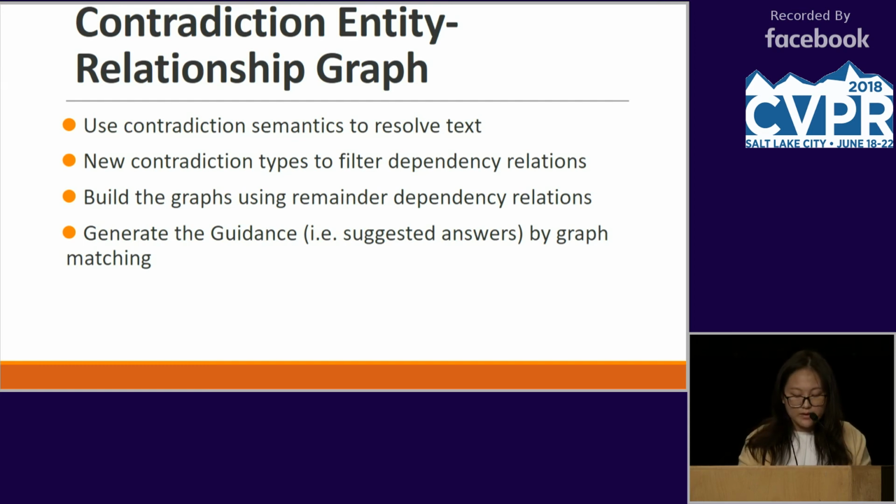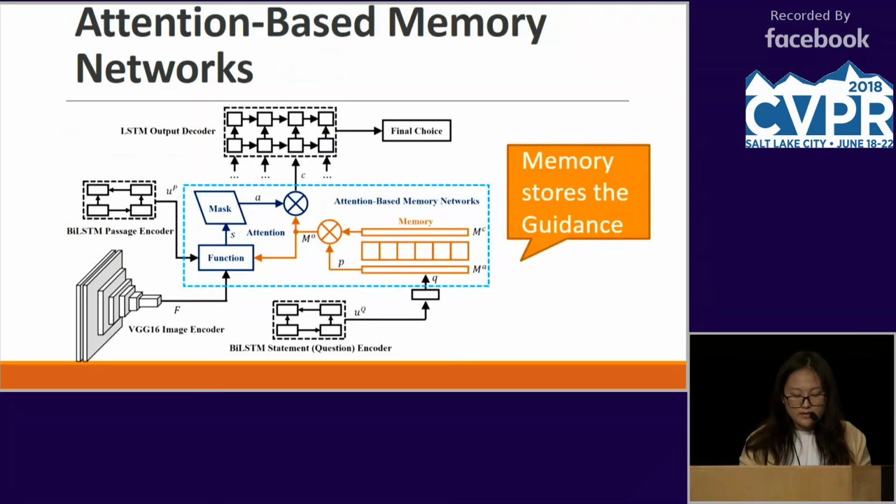For attention-based memory networks, this module aims at combining multimodal data from the question, the textual and the visual context, and the guidance to reasoning out the most proper choice.